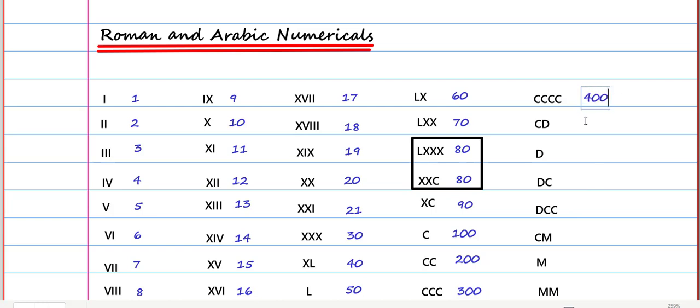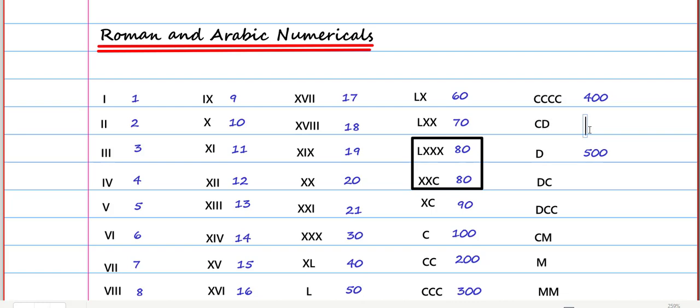And what is CD? Before writing CD, you must know what is D. D is 500. So here C is coming before D, so we need to subtract this C from D. So C is 100, right, and D is 500.